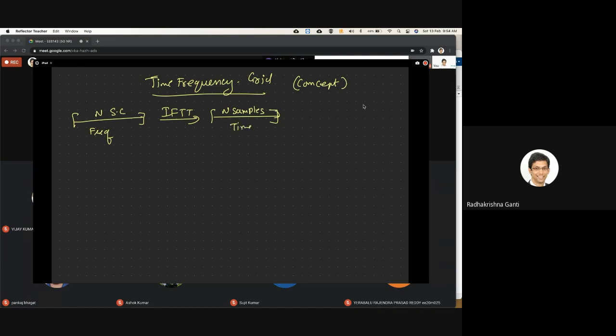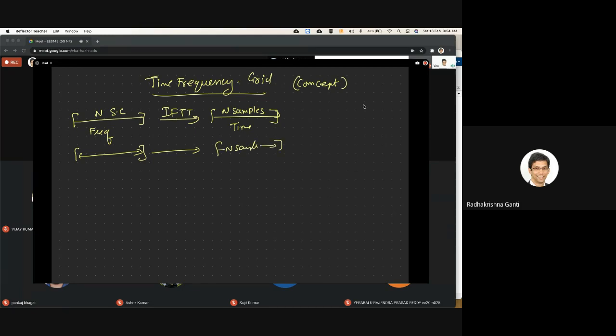It's not like you are going to stop after sending N subcarriers, N samples. You're going to go on doing this forever. This is the first time that you are sending this. Next time, after this is sent, you'll have again N subcarriers, you do an IFFT and then you transmit N samples.